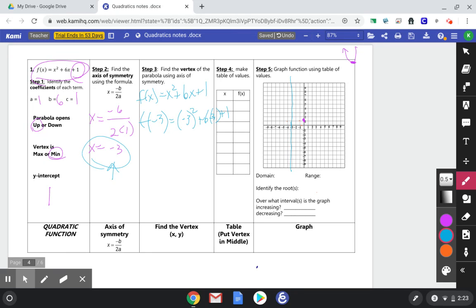All right, so f of -3: if x is -3, my y is going to be -8. So what does that mean? That means that my vertex, my x, is -3. My y value is -8. Now remember, the vertex is the turning point, or like the center of this particular quadratic. So I am going to put -3, -8 in the middle of my chart.